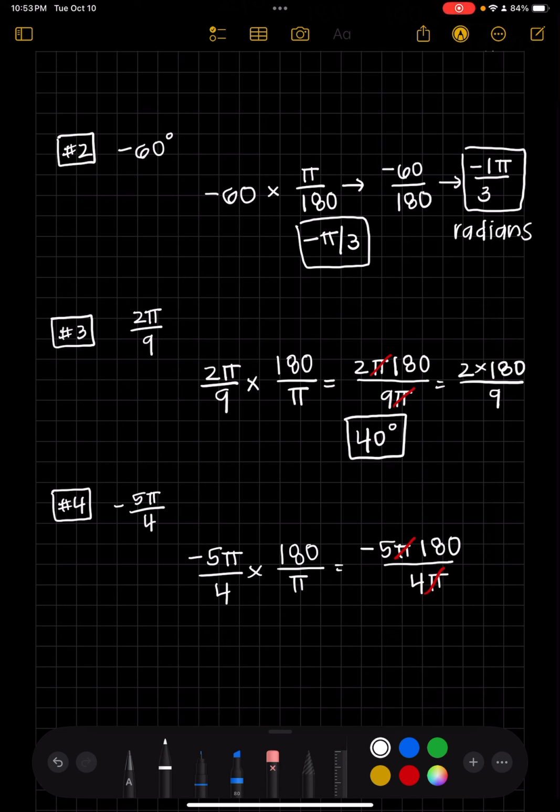And now I'm just going to say negative 5 times 180 all divided by 4. When I plug that into my calculator, I get negative 225, and that is measured in degrees, so I put the degree symbol there, and we get negative 225 degrees. And this is how we convert between degrees and radians.